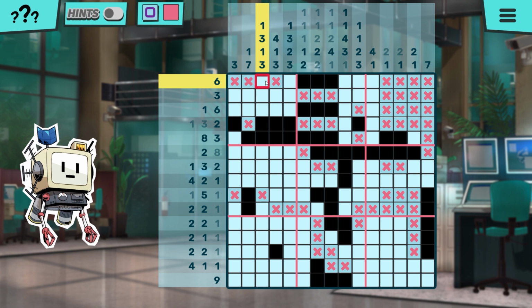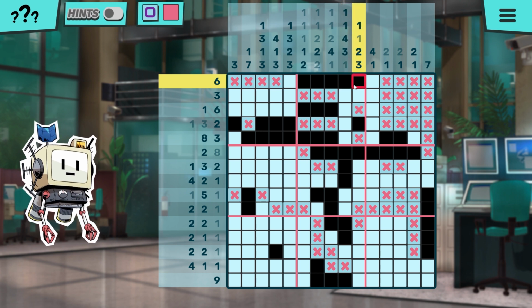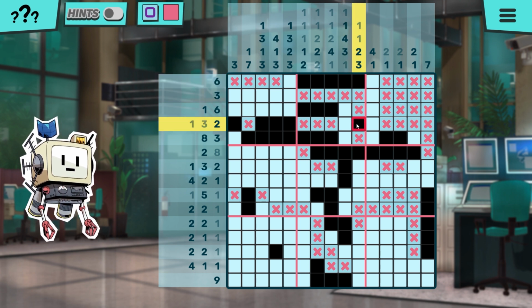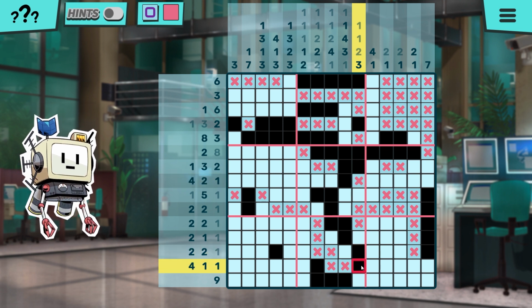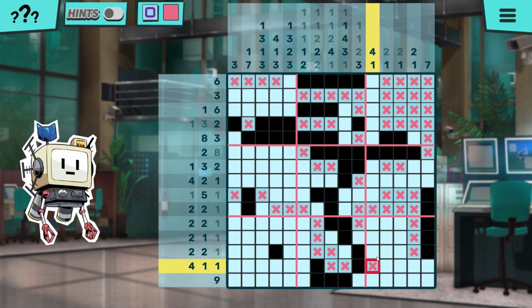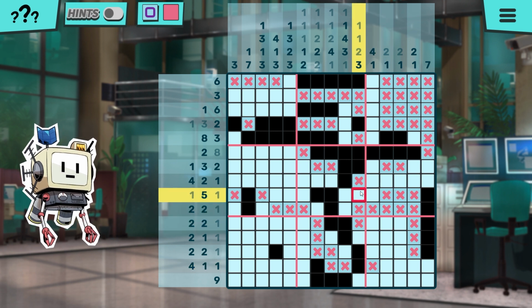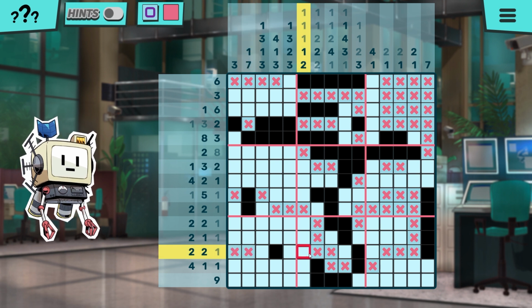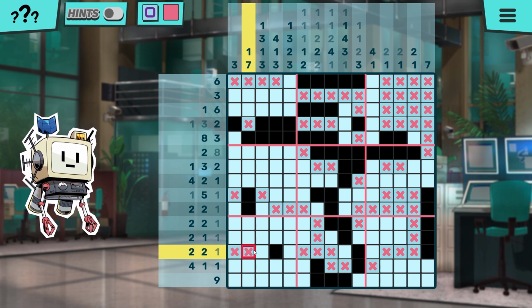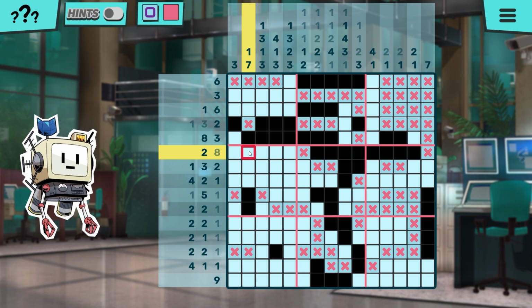This is the 4. We can X that off. Which means this is the 2, and the 3 is down here. It's got to be one of the 1s. Oh, and this has got to be one of the 2s. So we can X off everything around them. Which means we know where the 7 is.